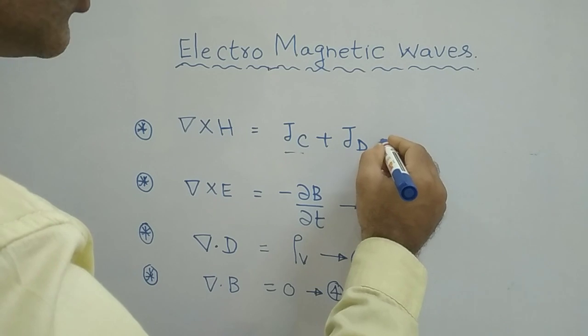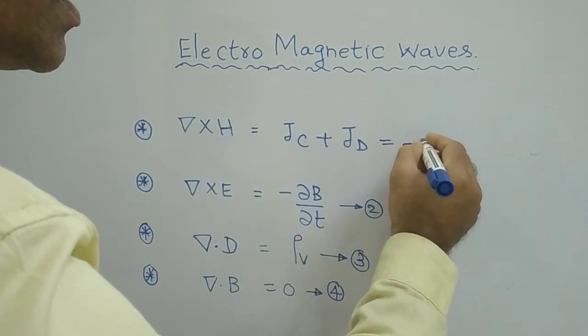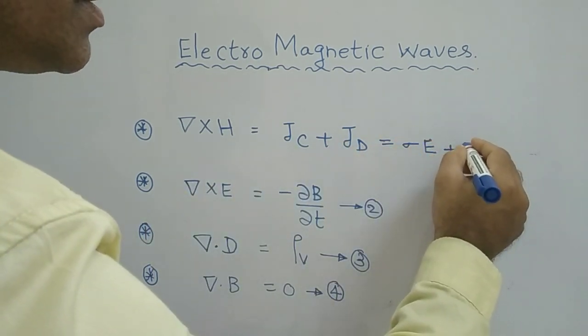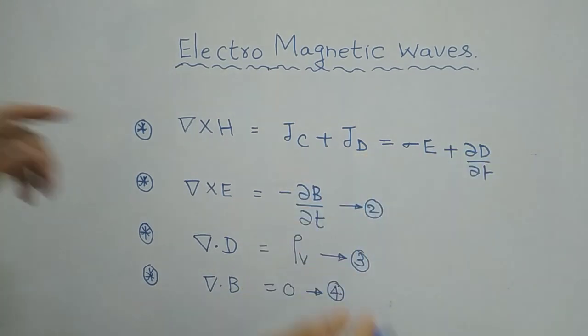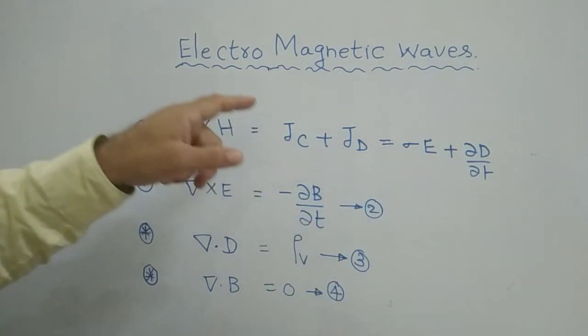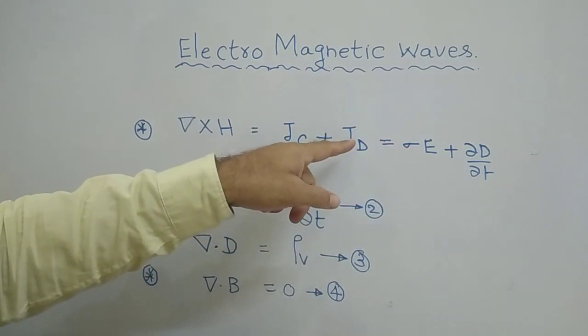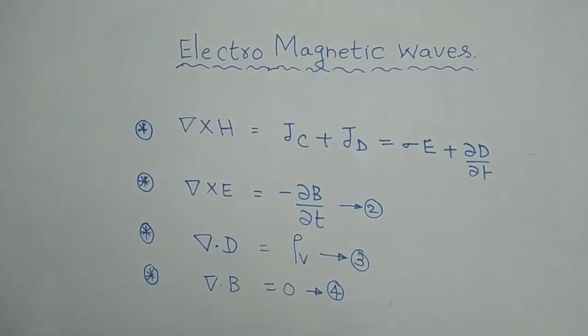Jc is nothing but sigma times E, plus Jd is nothing but dou D by dou T. So the conduction current density is equal to sigma times E, plus the displacement current density, which can also be given as dou D by dou T. Remember that.